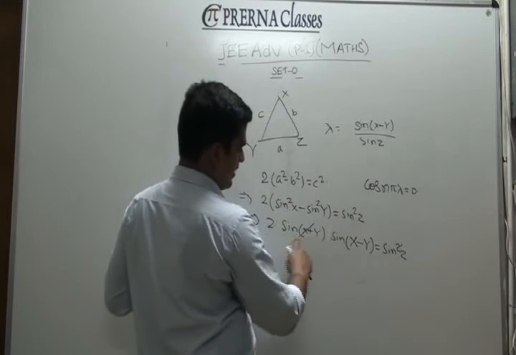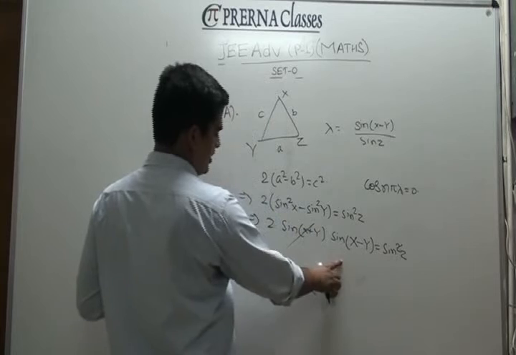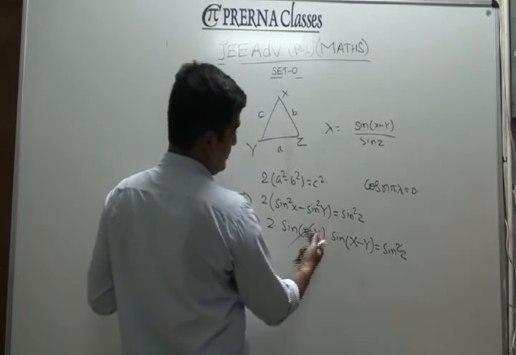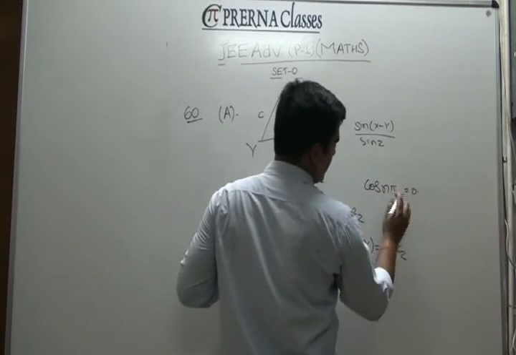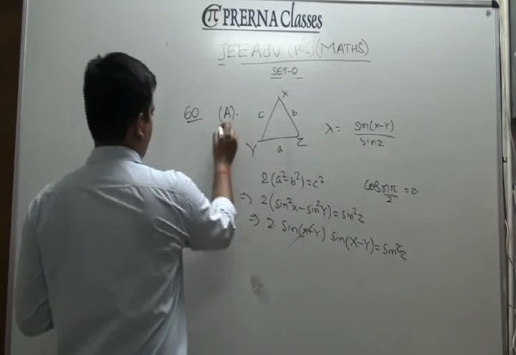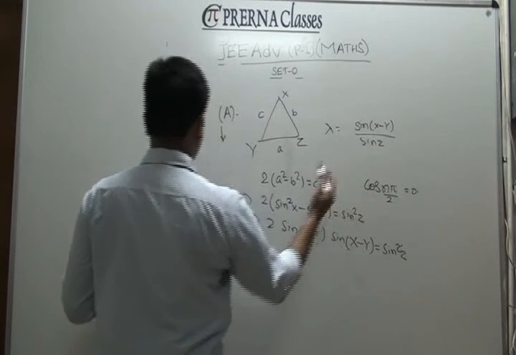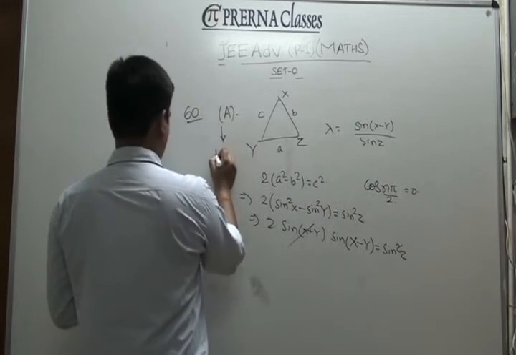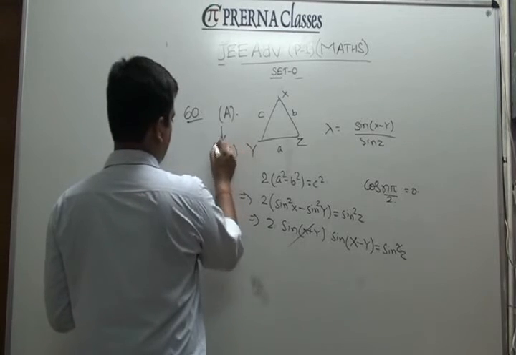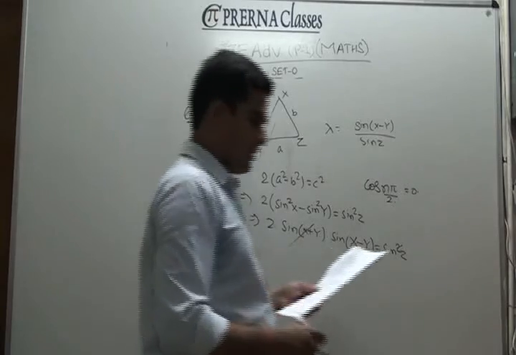Clearly then you can check that value of lambda, which is equivalent to this by sine of z, is equivalent to half. When lambda is half, you have this expression. Obviously then you can check for this case, the way those integers are given in place of n on the column 2, P, R, S are the values which satisfy. Then we have second option.